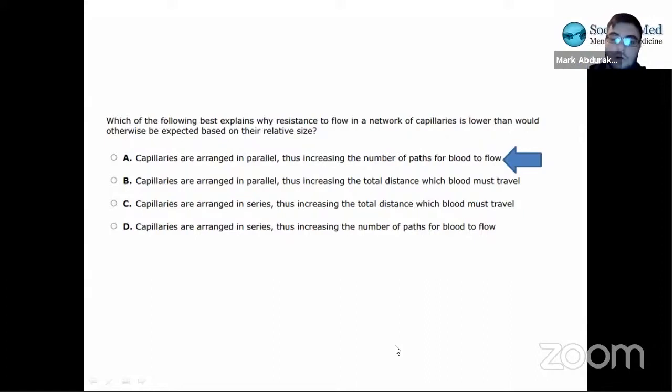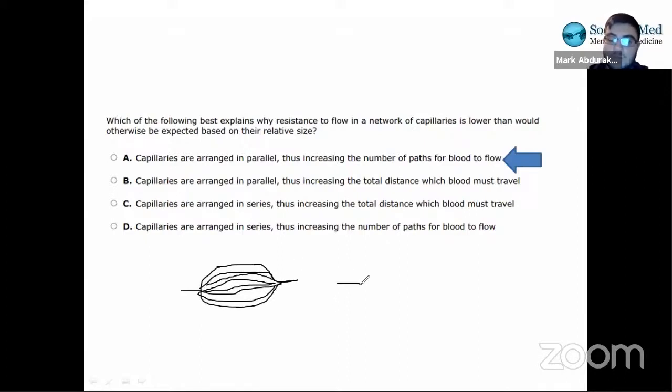Well, if you draw a capillary bed, it looks kind of like this. Not a great artist, but it looks kind of like this. There are millions of these little tubes that break off, right? Each of these is its own capillary, but you get the point.